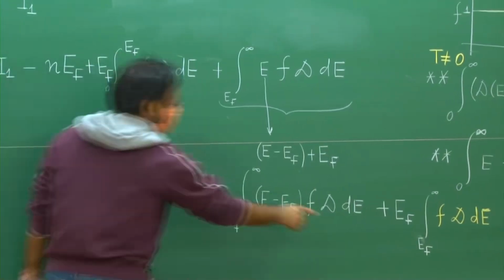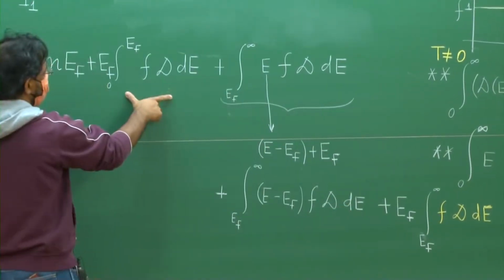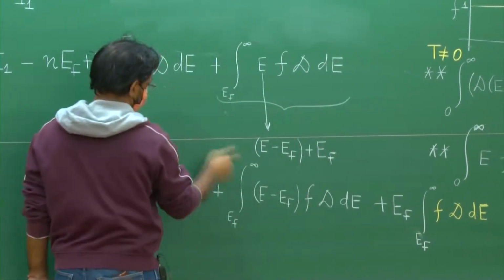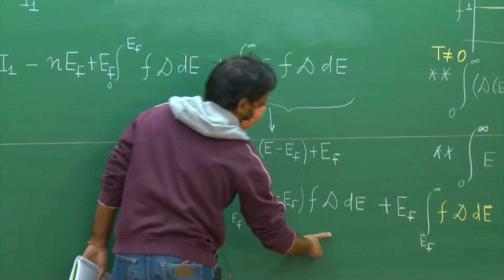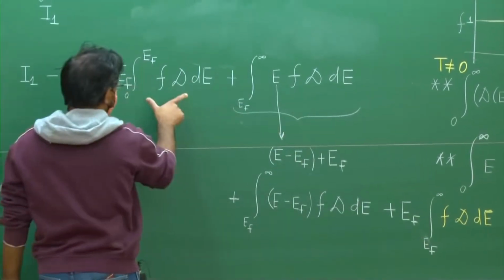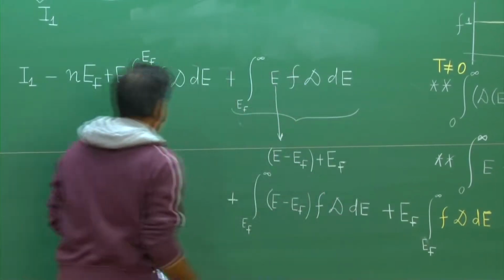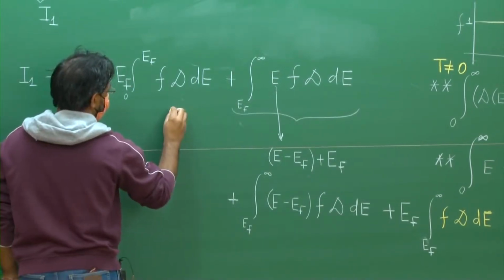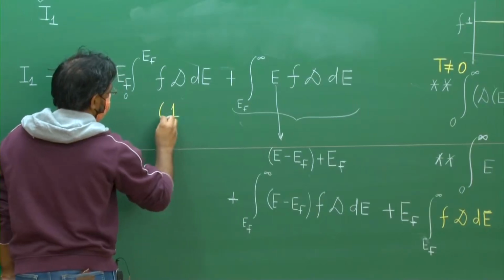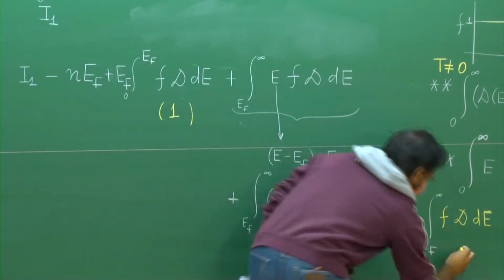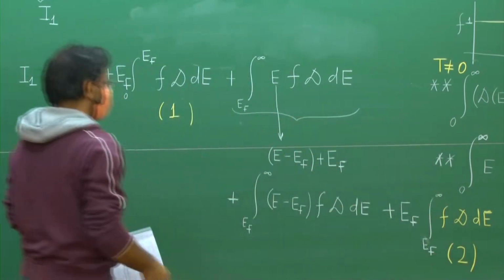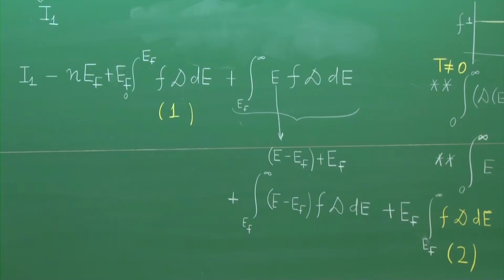Can I combine these two integrations? The third term and the fifth term now, because I have divided the fourth term into 4(1) and 4(2). So, I can combine these two, right? I am combining this one, let us call it 1 and 2. They have the same integrand, same limits, so they can be combined.